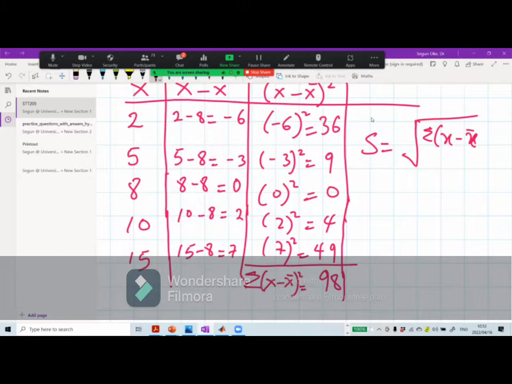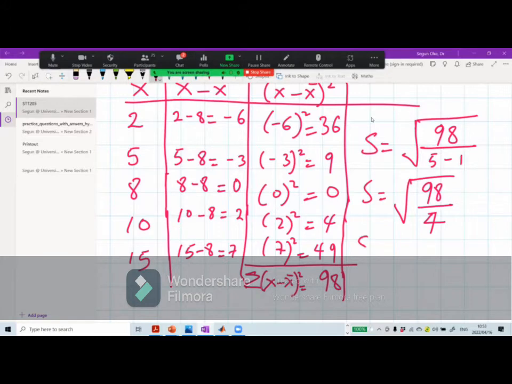Now that you have the formula already, let's just put it there: square root of 98 divided by 5 minus 1. If you put 4 there, you will have to explain to some people here, so it's better you put 98 divided by 5 minus 1.